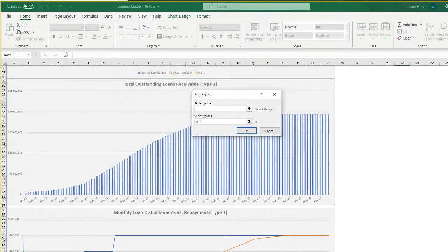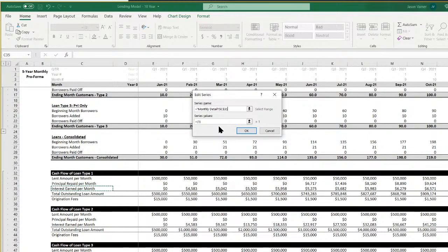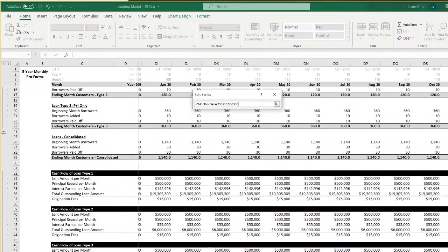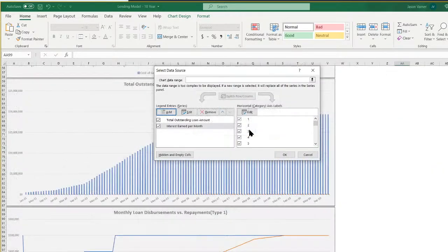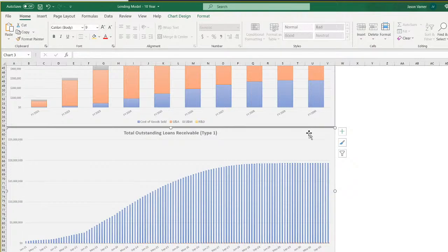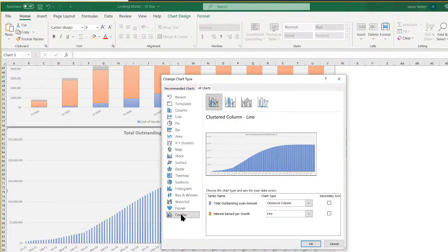So select data. Let's add interest for this. See what that looks like. Okay, wait. Is it the exact same curve? Let's try and do a combo. Interest on this axis.